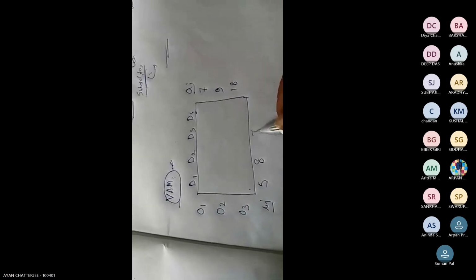So now, to solve this problem, if I want to allocate something somewhere, obviously we'll try to choose the minimum value. That will be my obvious choice.